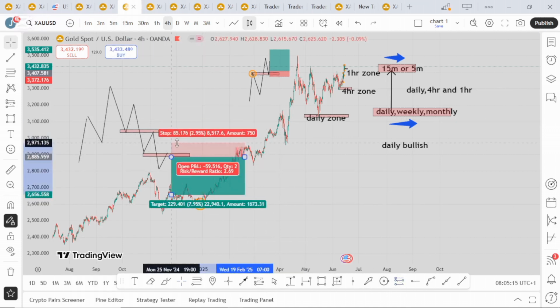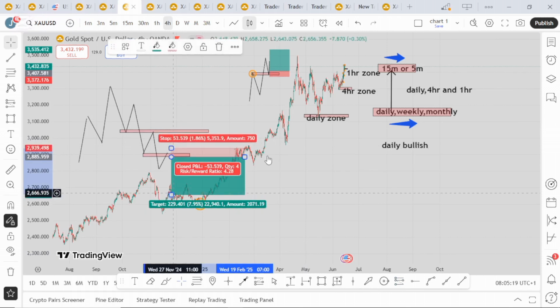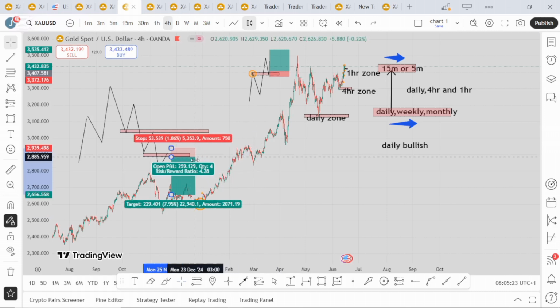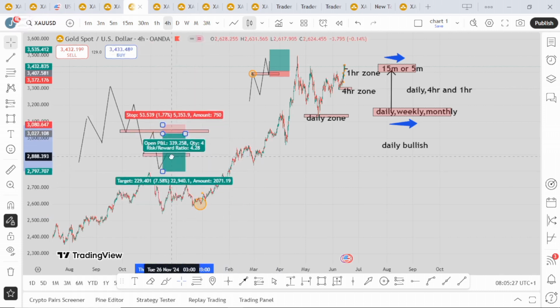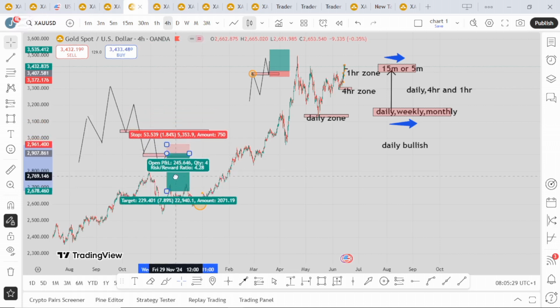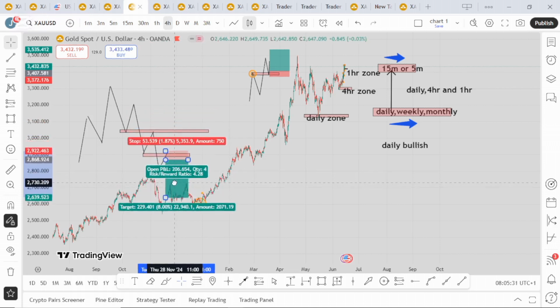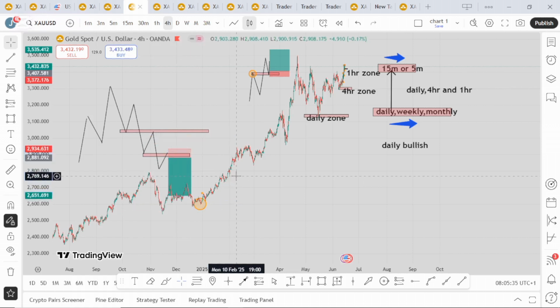You can take your SL a little above the zone, your previous lower low zone. So you can take your trade here, or you can take your trade here, even though it's more secure taking your trade here, because there's a proper confirmation that yes, the bearish movement is going on. This is how you take this kind of trade, guys.